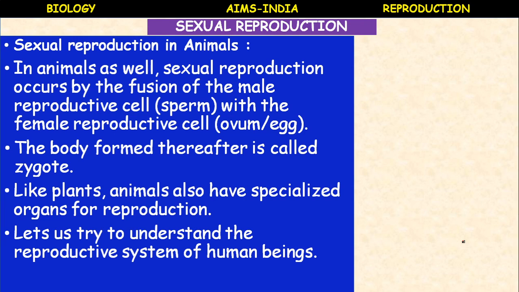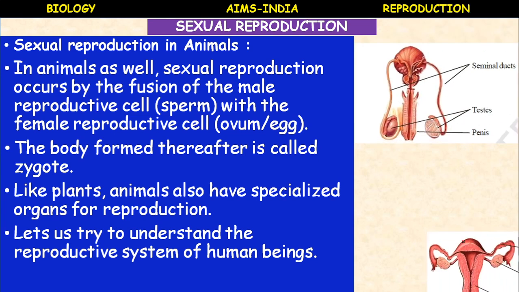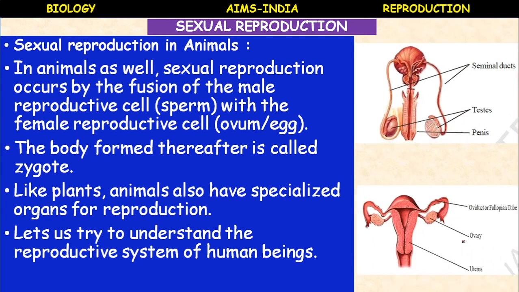Let us try to understand the reproductive system of human beings. In human beings, let us study the male reproductive system and female reproductive system. The male reproductive organs include a pair of testes.